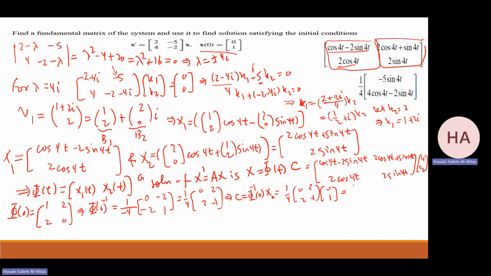That will be 1 over 4 times (2, minus 1). What will be my solution? It will be Phi of t times c. And this is c. So I have Phi of t, which is this big matrix. Where is it?